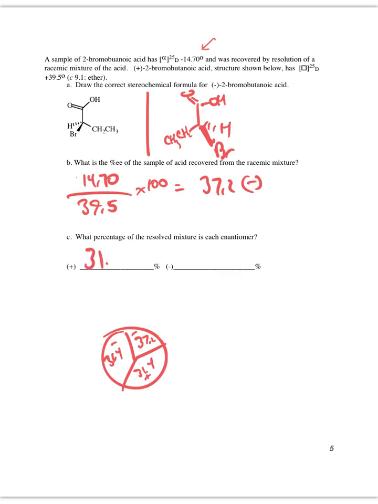So the positive one is 31.4 and the negative one is 68.6% of that overall sample. Okay, and anytime you have to draw something, start with the lowest priority group in back and then put the other three things in so that they go the right way.